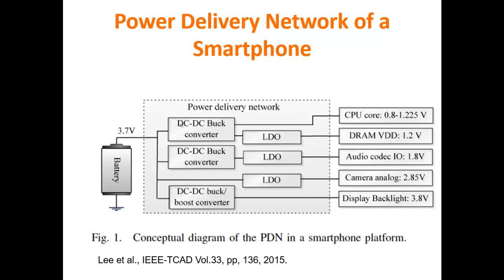complex because there are different subsystems that require different supply voltages, and therefore you start from one single battery, typically in a modern system a lithium-ion battery that has, for example, when it is fully charged, a voltage of 3.7 volts, 3.8 volts.